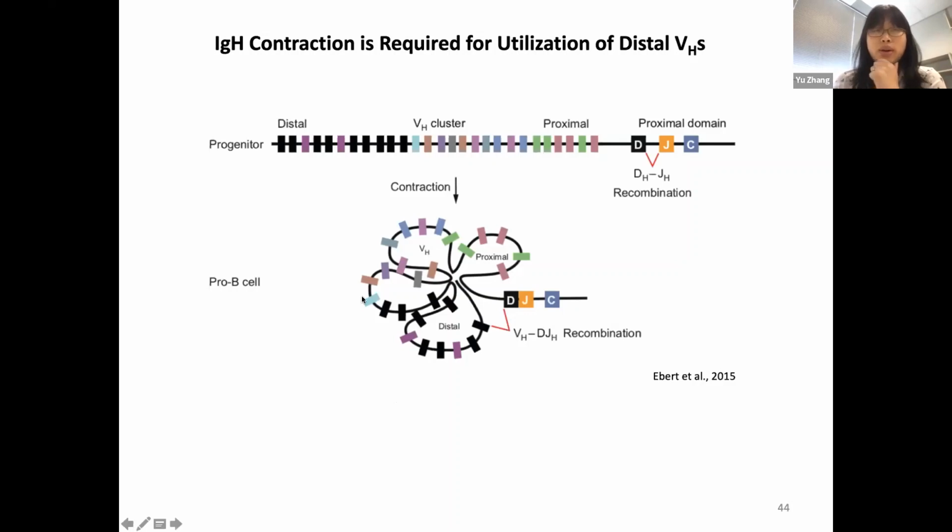So in order for these distal Vs to have the same opportunity to recombine with the DJ domain compared with the proximal ones, this edge contraction process has to occur in the committed B cells that place the distal ones into proximity with the DJ domain.